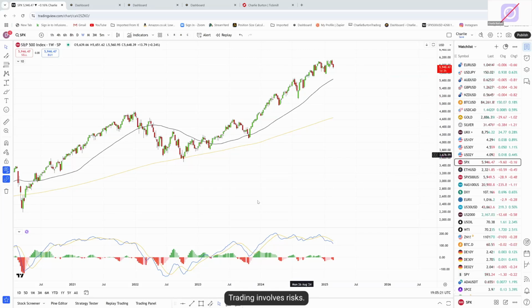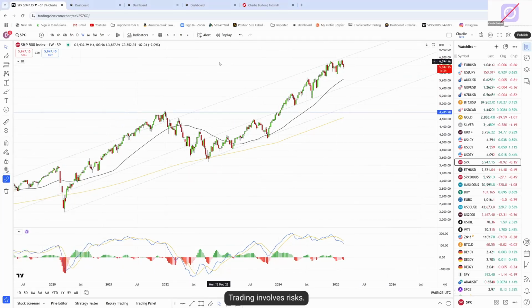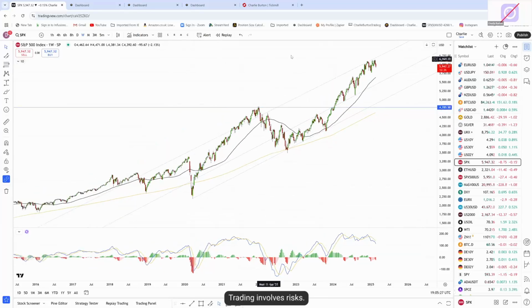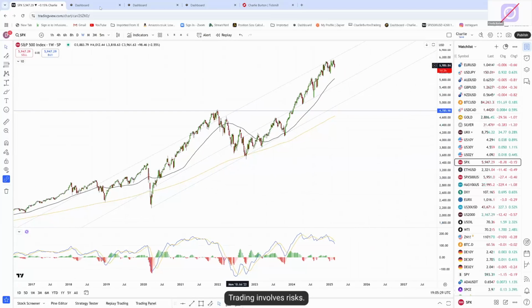I'm already in. What you can see, this is on a weekly time frame. The S&P, we've got this lovely rising trend line, but it's also a bit of a channel. And so I've got this upper trend line, which comes all those lows from back there in 2018, all the way through here. It's respected it.